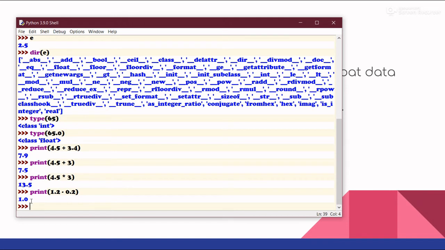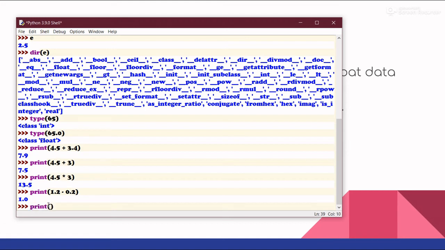But in Python, we are still going to get 1.0 and not 1. The reason is that both of the data types over here are float, so Python will give the result as float also. And even if only one of the data types is float, the result will be float, right? That's how things work. You will understand much more while practicing.